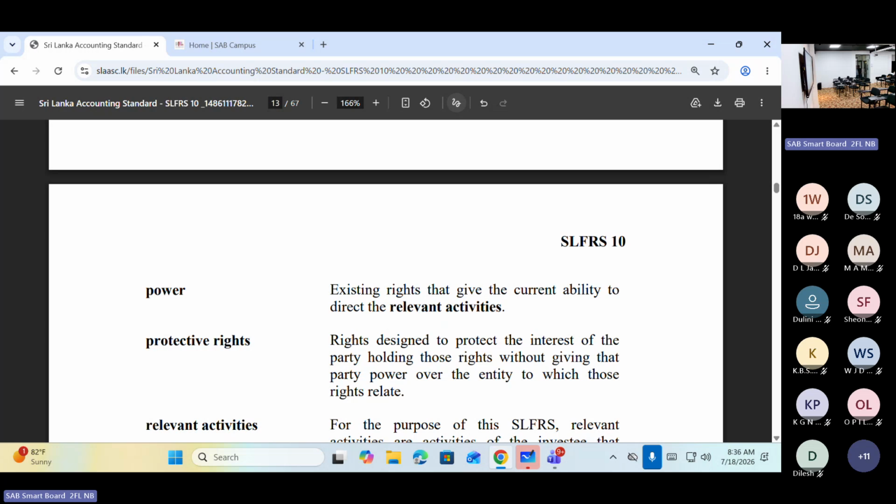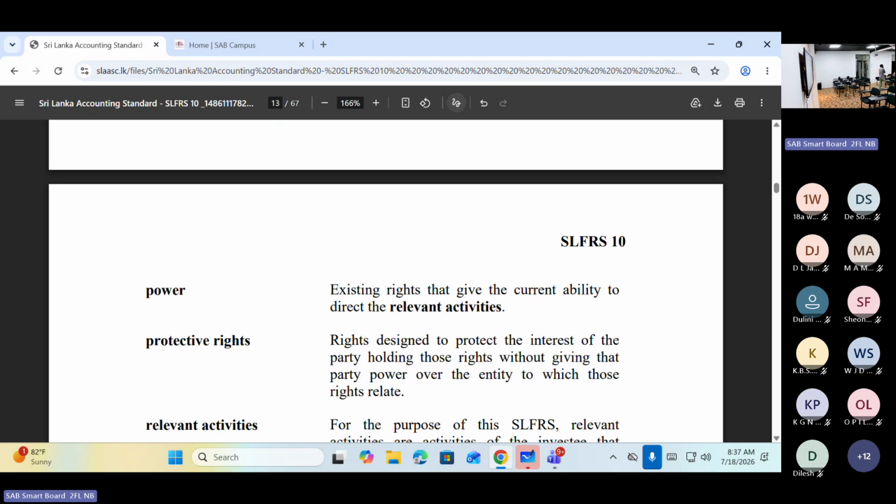First one, pre-acquisition adjustments, and then post-acquisition adjustments. Note the pre-acquisition and post-acquisition adjustments clearly.